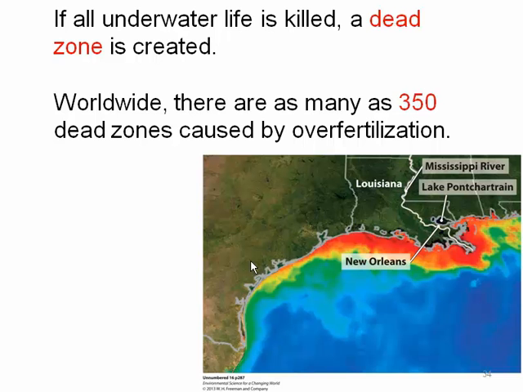known, unfortunately. It's estimated there are as many as 350 worldwide. A very prominent one that's been in the news periodically is a dead zone off the coast of Louisiana, tied into discharge from the Mississippi River and other coastal waters.